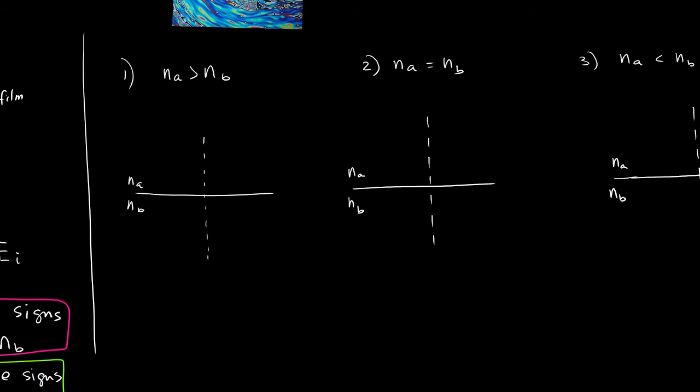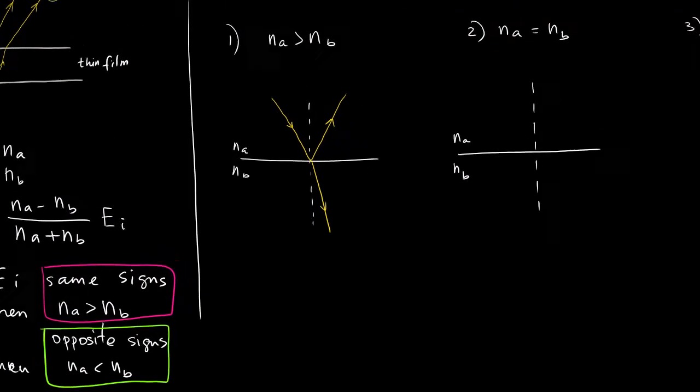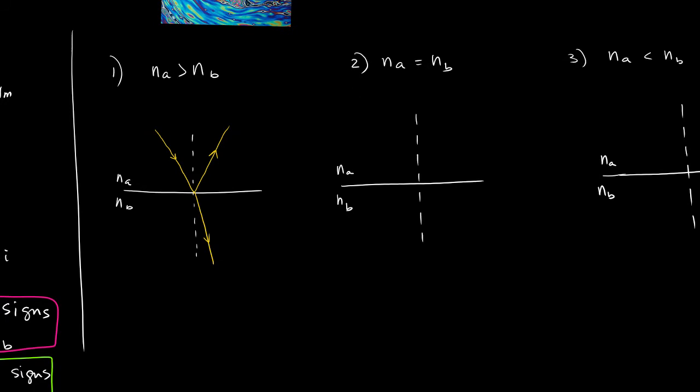When a light wave is incident on the interface between these two materials, as we said earlier, some of it will reflect and some of it will transmit through. And since NA is greater than NB, EI and ER have the same sign, so there is no phase change.